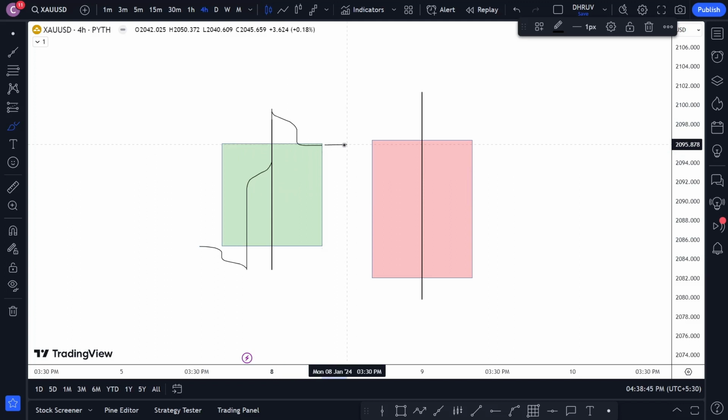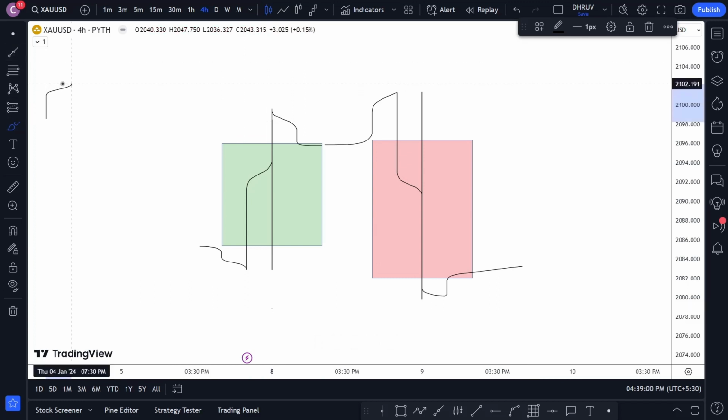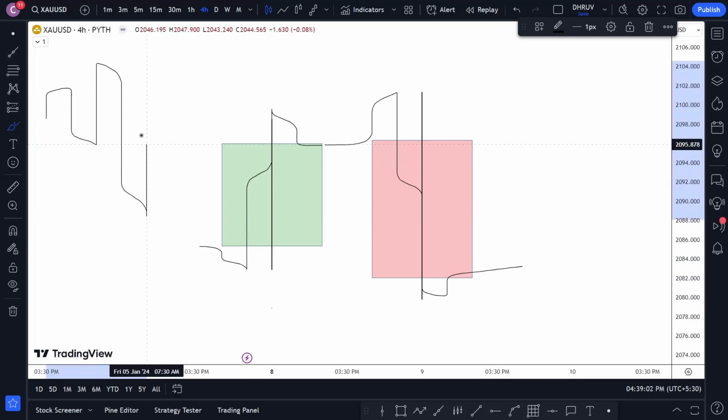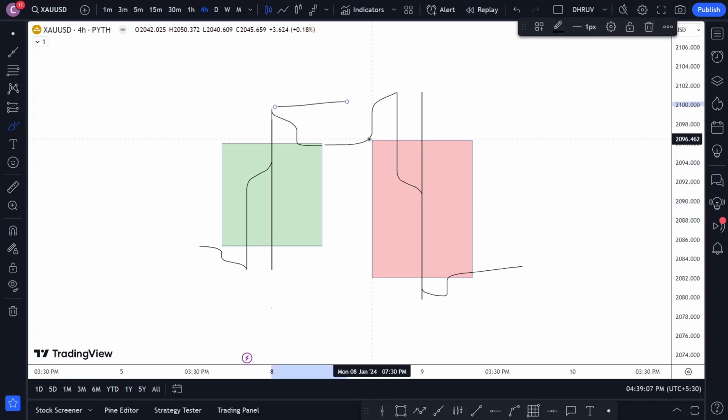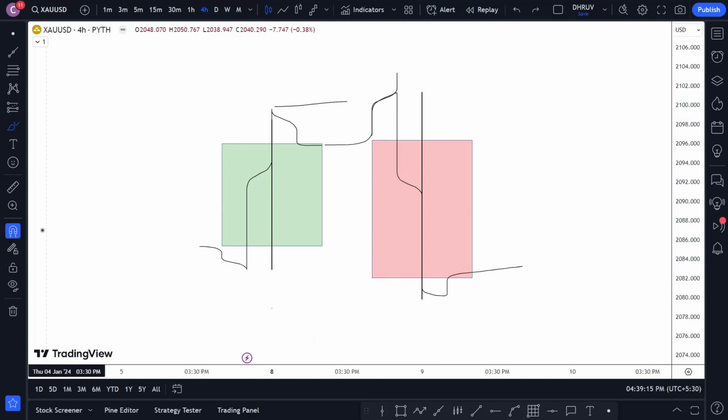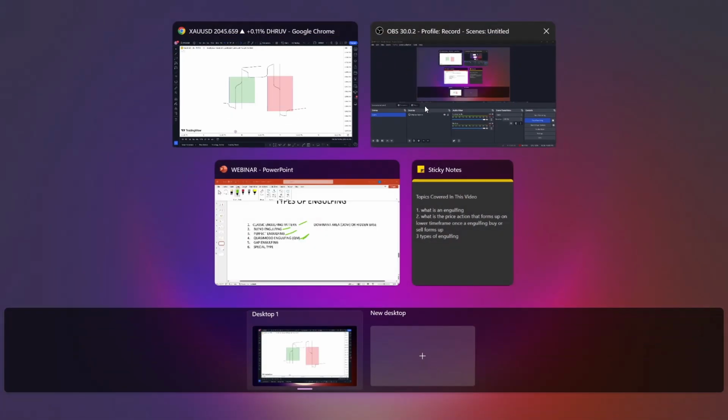And for the bearish candlestick, this is the open, this is the high, this is the low, and this is the close. So what do we see? We simply see a Quasimodo pattern forming up. This high is being engulfed, and this low is also being taken out. I don't know why the marker is walking like that. Let me go to the PowerPoint.